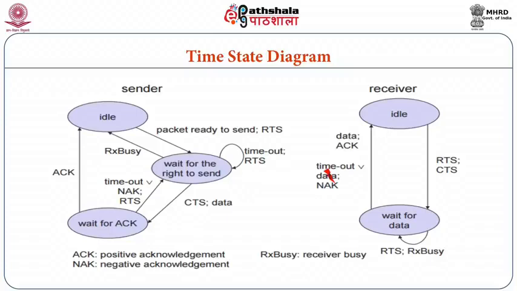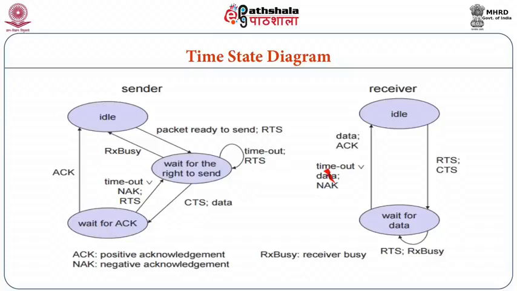When will it happen? When a timeout has occurred, that means it has not gotten the acknowledgement, a timeout for acknowledgement has occurred, or a negative acknowledgement has occurred. So in this case it understands that the data packet has not reached and it has to retransmit the packet. So it again sends the RTS, because the RTS is necessary before transmitting the data, and then it goes back to the wait for CTS state.